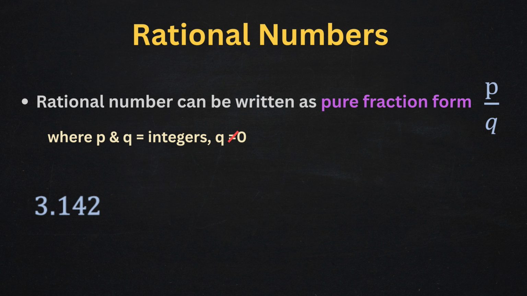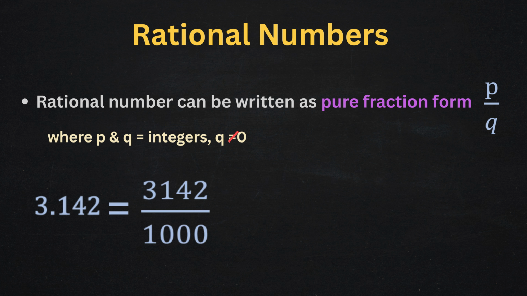It is a value close to pi but not actual pi, as it does not have infinite numbers after the decimal as in the case of pi. Now, as it is clear that it is not pi and it can be written as 3142 divided by 1000, by definition it is a rational number as two integers are written in pure fraction form.